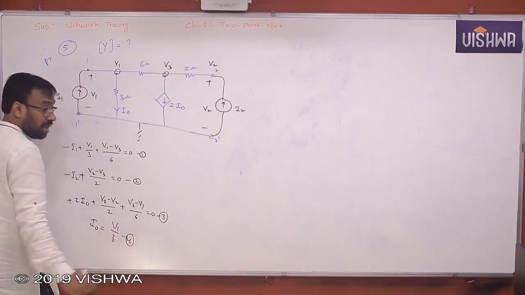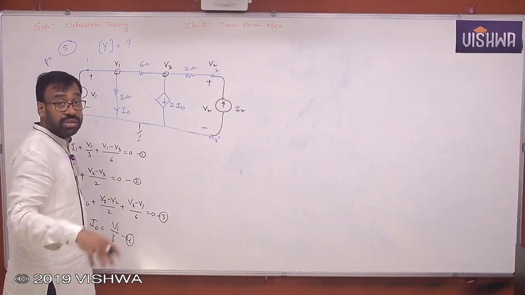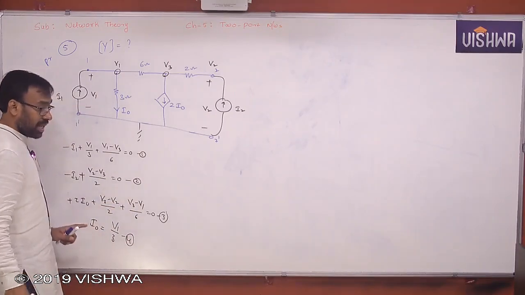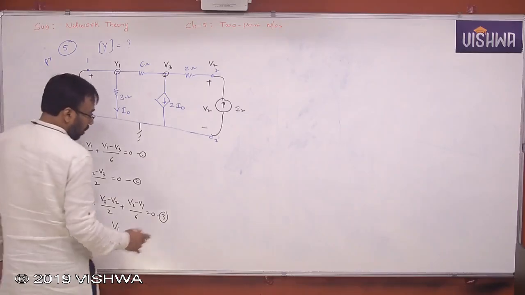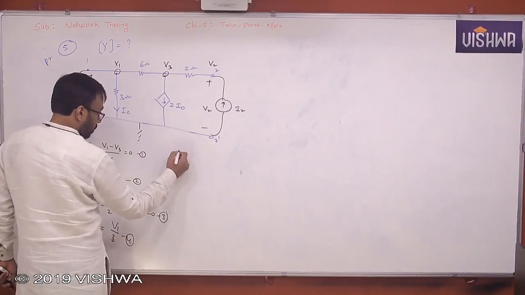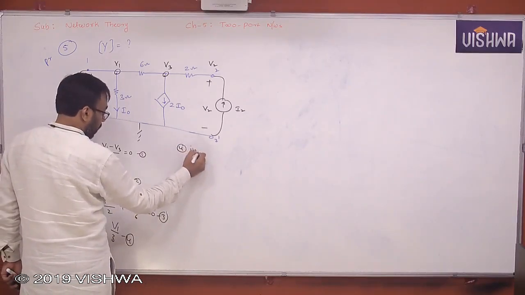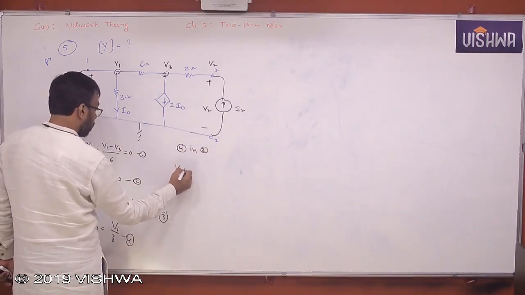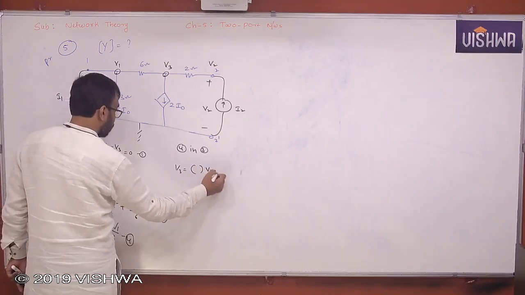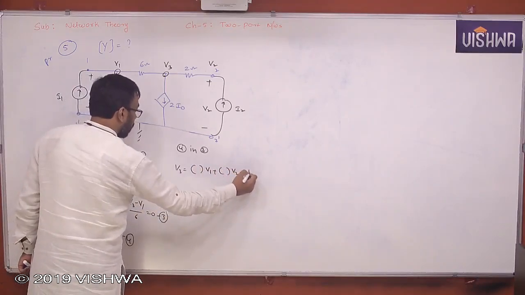See, you can solve the same problem using conditions or definitions, or you can use node analysis or mesh analysis. But I'm preferring node analysis because I'm looking for Y parameters. So tell me now, how do you get it? From 4 in 3, you will get V3 is equal to something into V1 plus something into V2. You call it 5.